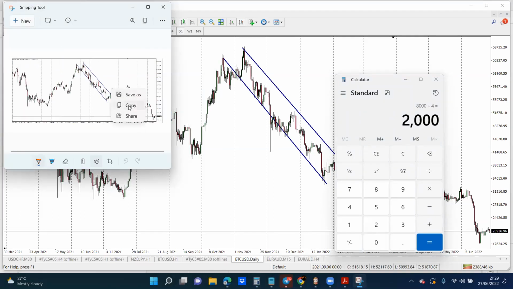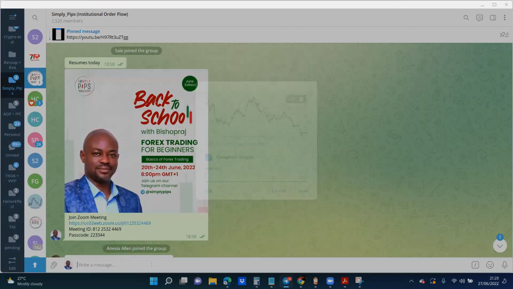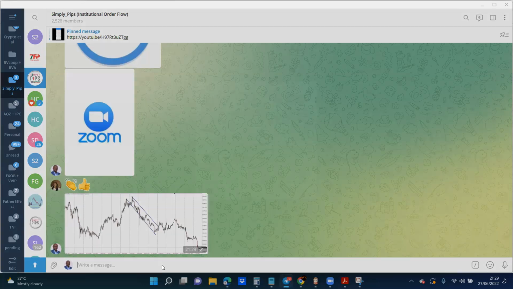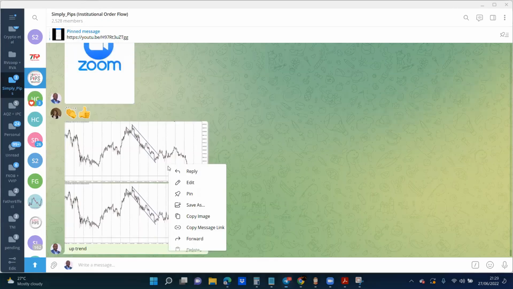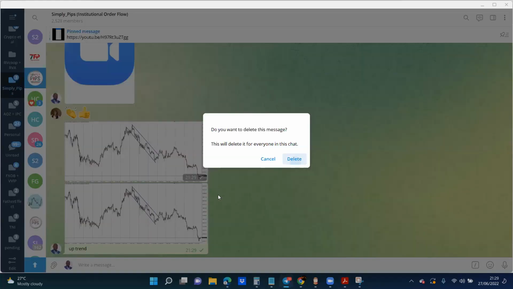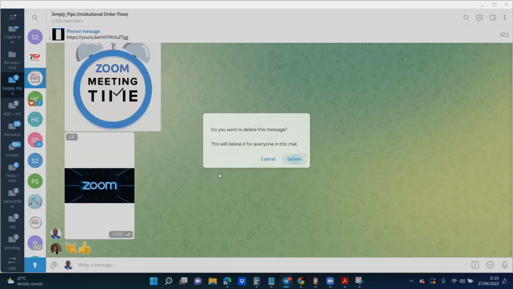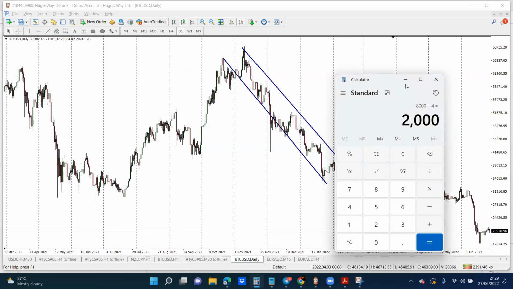So you just simply right click on copy, come there, paste, and say uptrend, something like that, right? It's not compulsory. If you're interested, do it. For an uptrend or a downtrend, if you are using your phone, do exactly the same, just to be sure you are practicing what we've done.